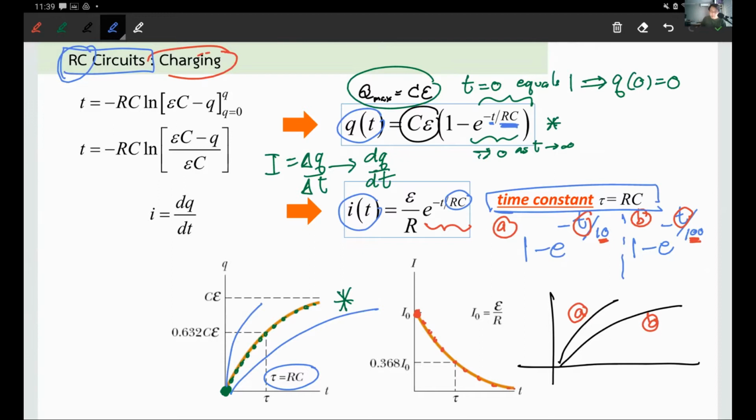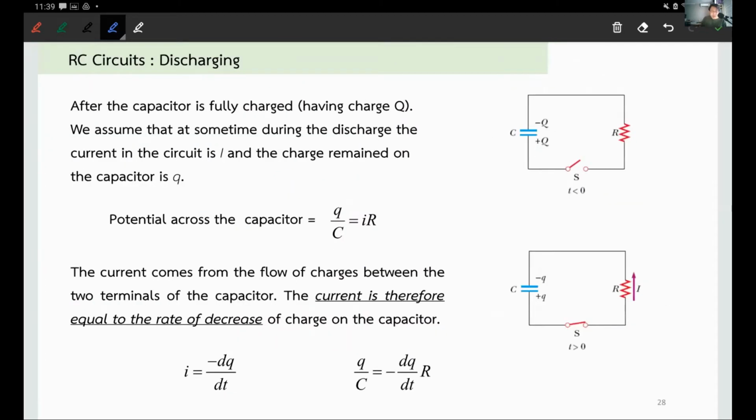Okay, try again, one more. Now you don't even have to do anything. If I say, hey guys, let's start from a fully charged capacitor and I want to discharge it. When you think of charge and discharge, I think the easiest example is the defibrillator.